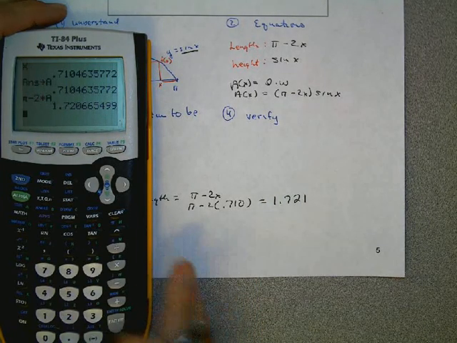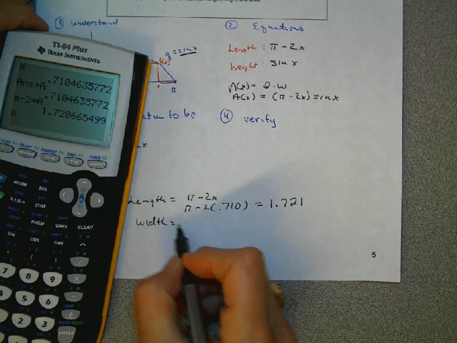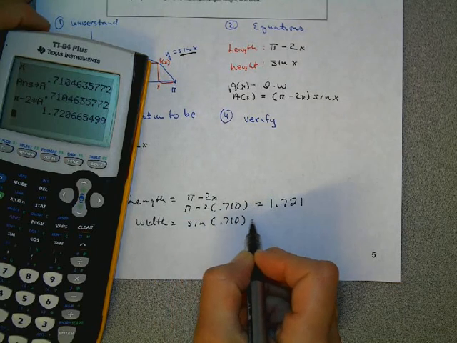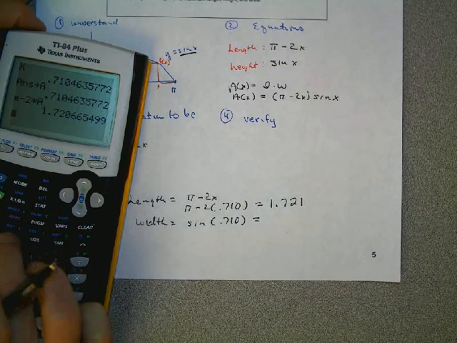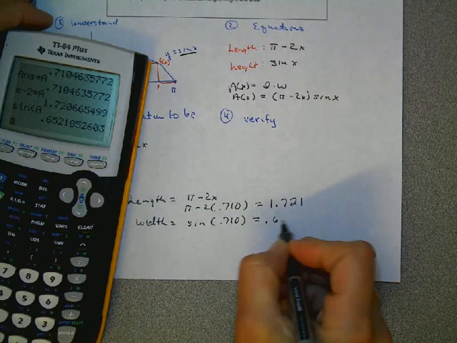Now my height, or the width of the rectangle, has to be the sine of x, so I'm going to call up the sine of 0.710. So I've got the sine of a, because I stored it, and that's 0.652.